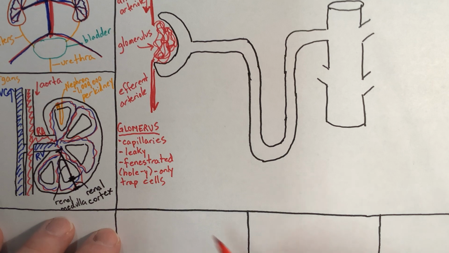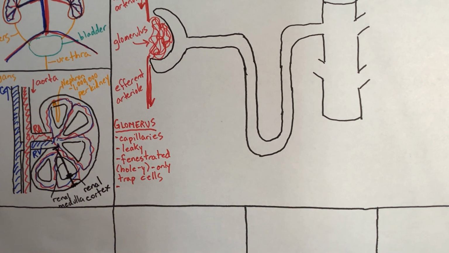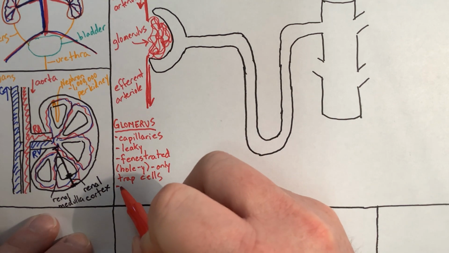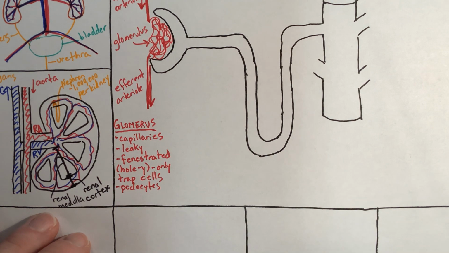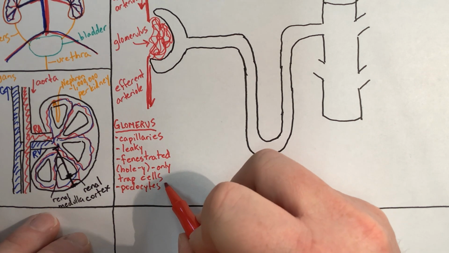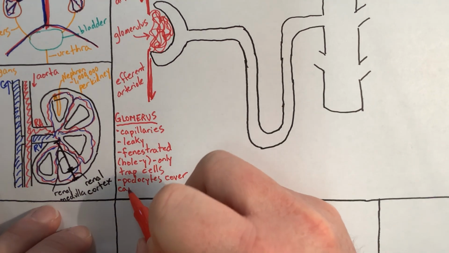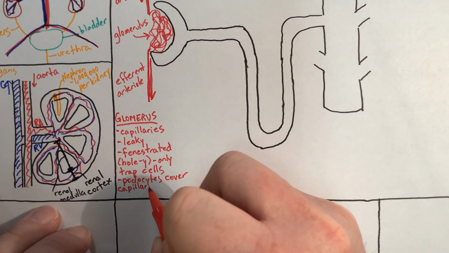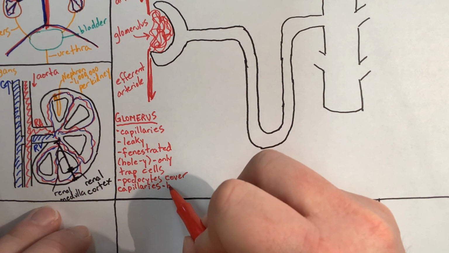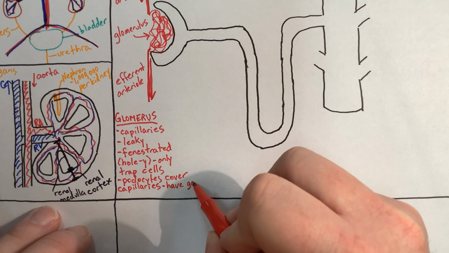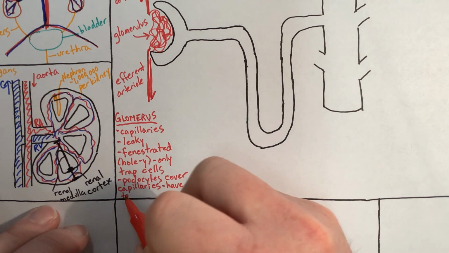And another cool thing that's there, and I would want you to look this up in your book, is that there are cells called podocytes. And those podocytes cover the capillaries. Ooh, we are running out of room down here. Podocytes cover capillaries, and they have gaps, to let everything through but keep proteins in.